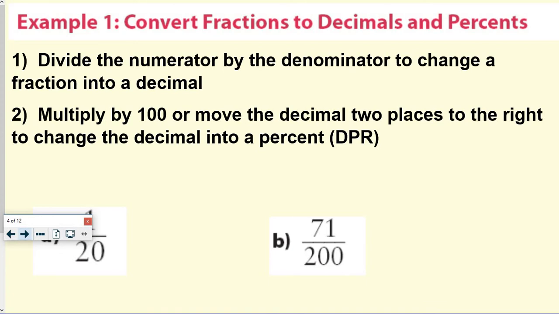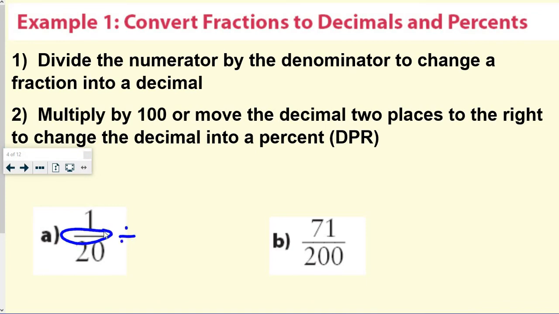So to convert the fraction to a decimal and percentage, we have to, again, this means divide. So we're going to divide 1 by 20, which equals 0.05 as a decimal. When we multiply that by 100, we move it 2 decimal places, 1, 2, we get 5%.